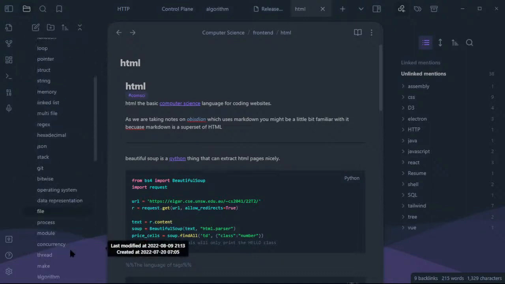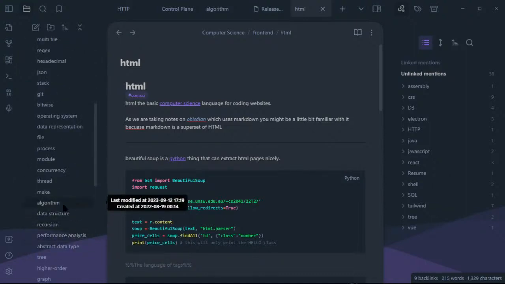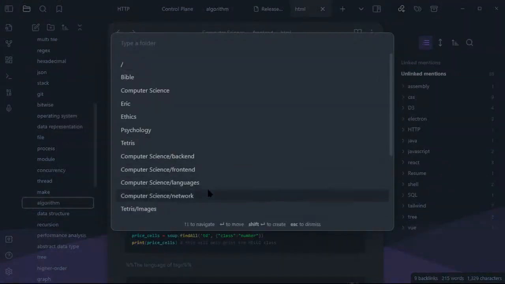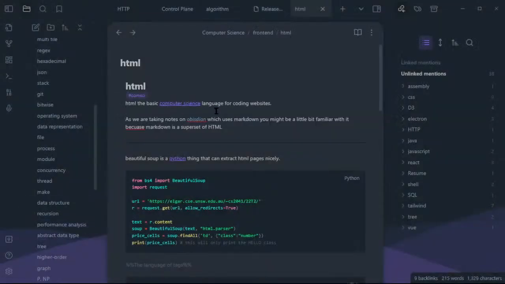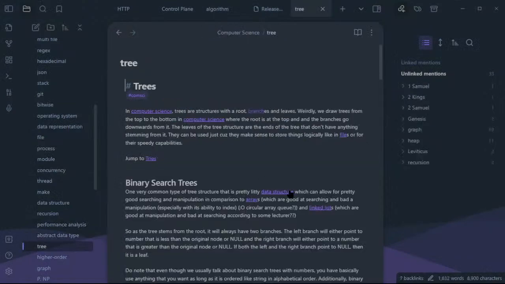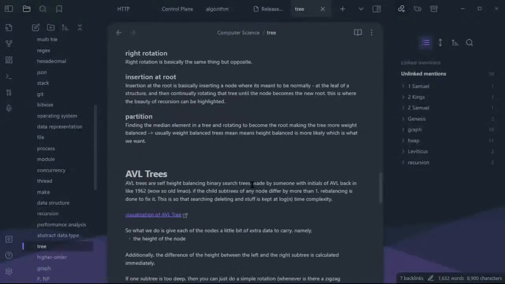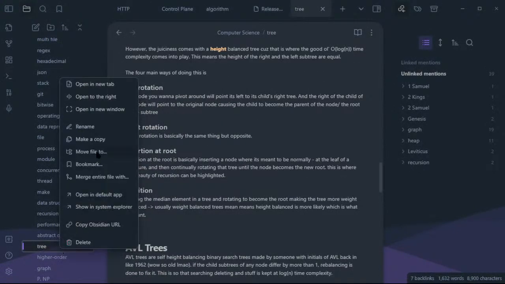Algorithms. I guess, yeah, trees is kind of like an algorithm-y thing.